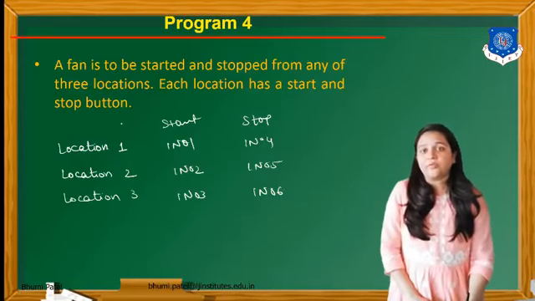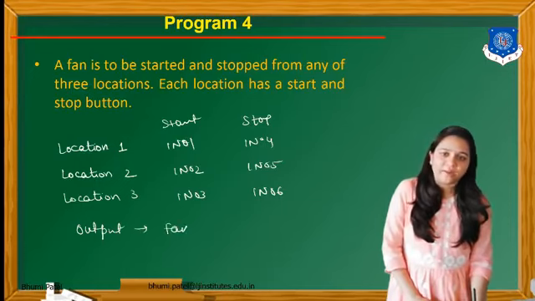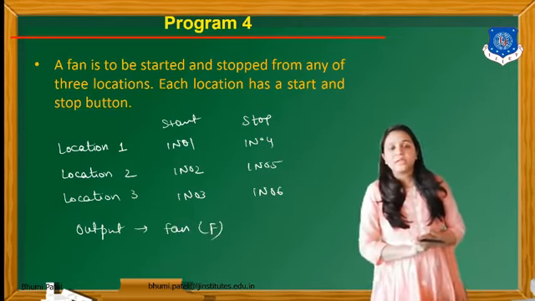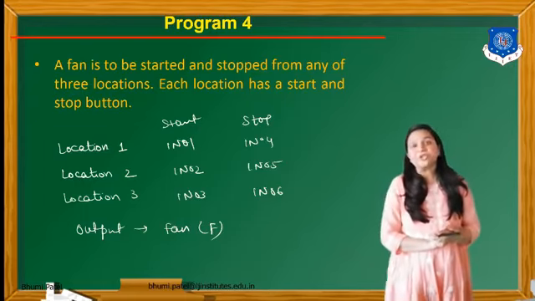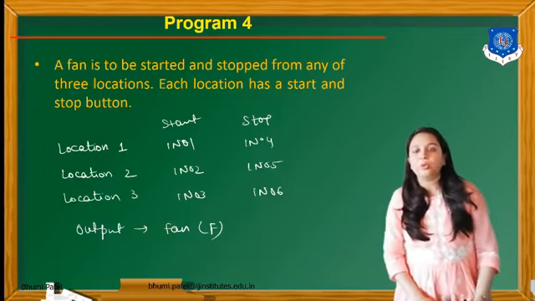Okay, now what is the condition? We have also defined the output. The name of the output is, suppose, fan, and we can write a capital F. Now, what is the condition? A fan is to be started and stopped from any of the 3 locations.